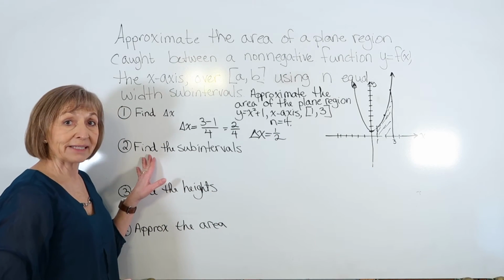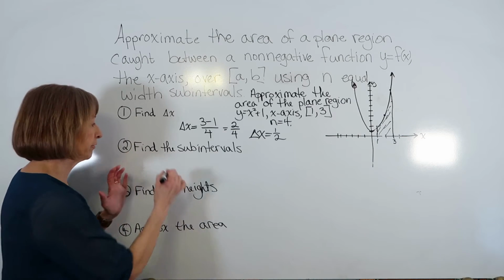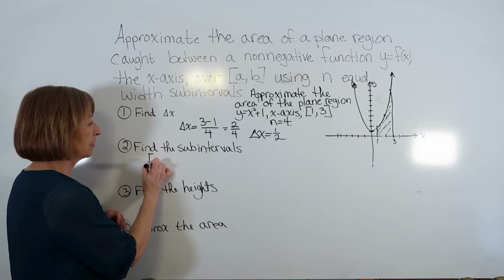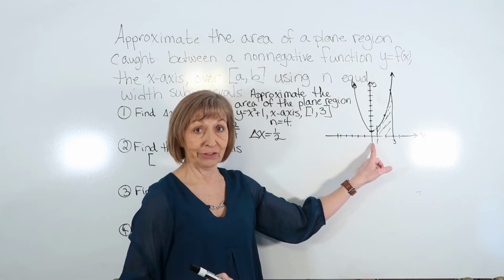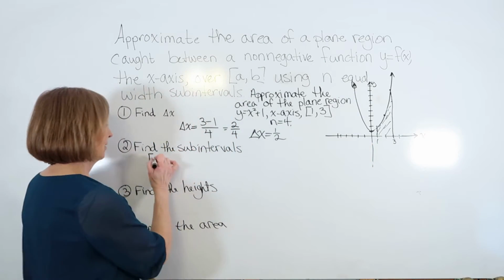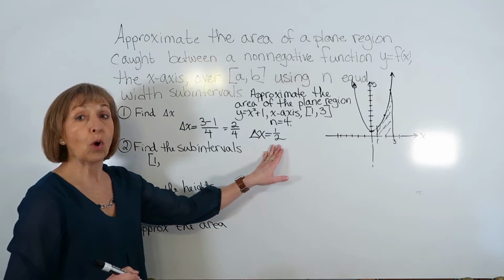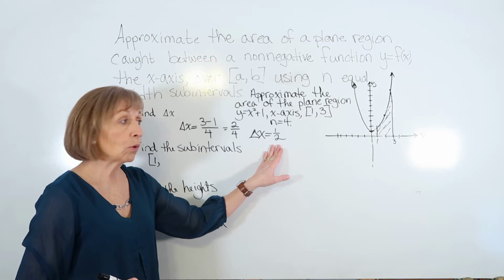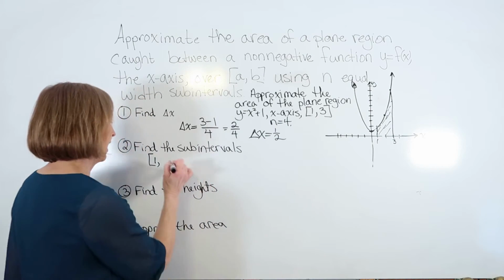Now I want to find my subintervals. My first subinterval starts at the beginning of your interval, so it's going to start at 1. And then take 1 plus delta x. Well, 1 plus 1/2 is 3/2.